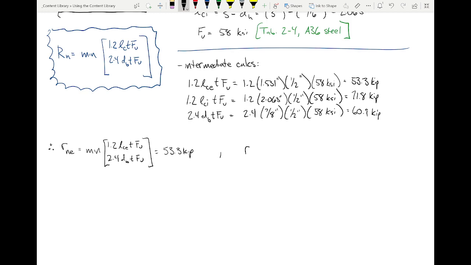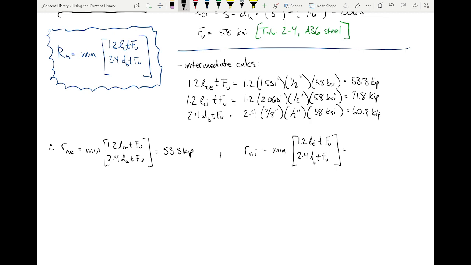And RNI is the minimum of this and this.